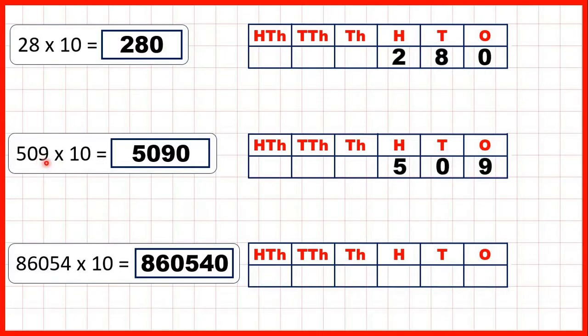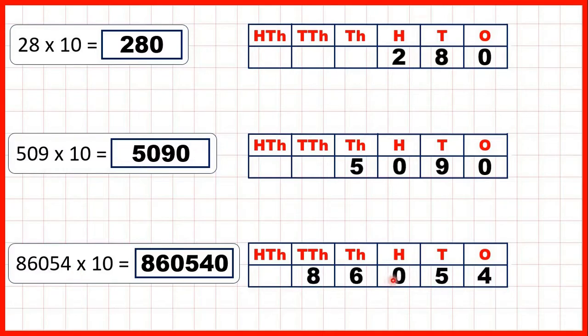Then we started with 509, and when we multiply by 10, the digits move one place value to the left. We need to write a 0 in our empty ones column, so all of the other digits are in the correct place value column, and our answer is 5090.